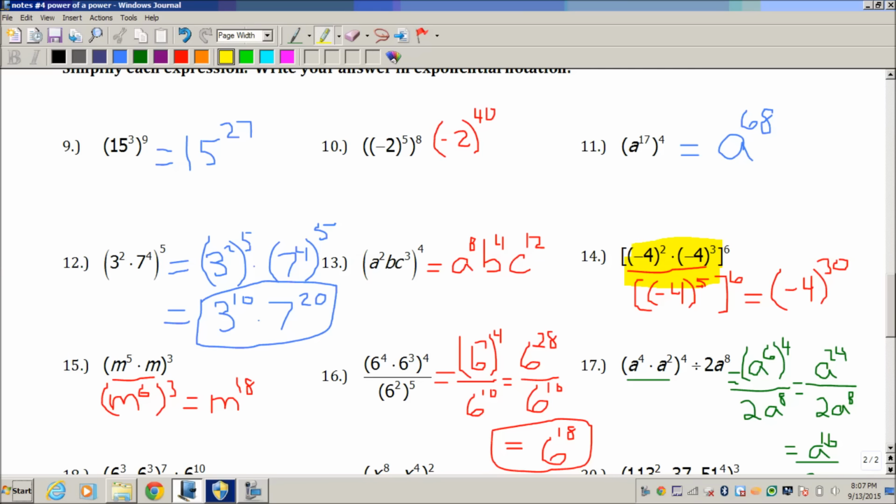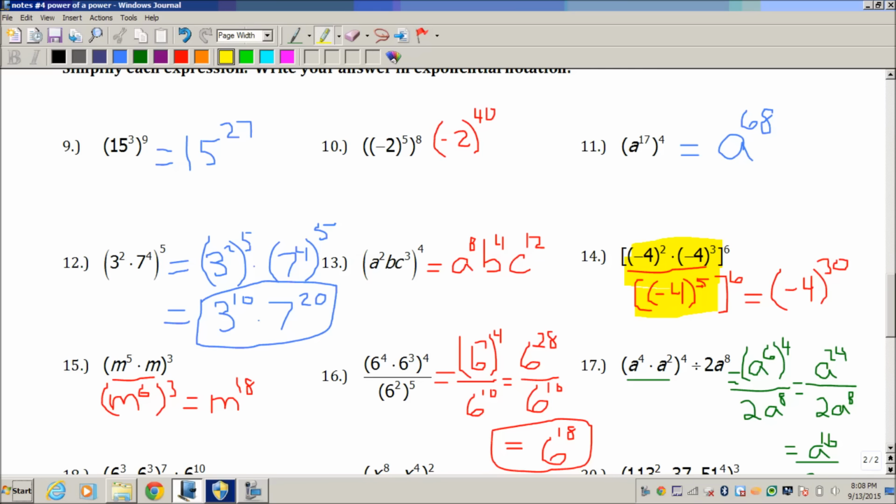When I multiply like bases, I'm going to add the exponents. So that's how I got -4 to the 5th power. So -4 to the 5th power raised to the 6th power. Now I'm raising a power to a power, and I multiply the exponents. So my final answer will be -4 to the 30th power.